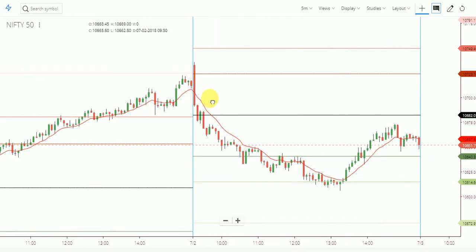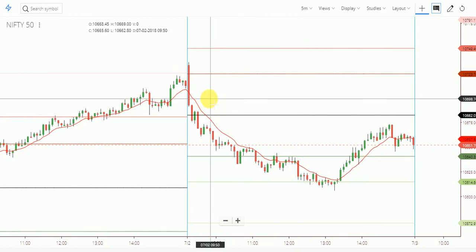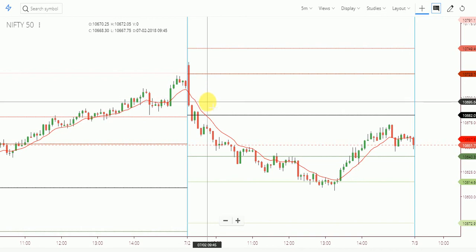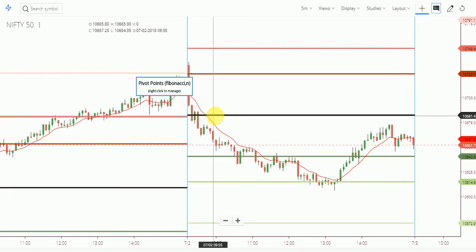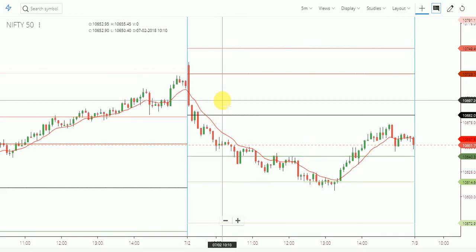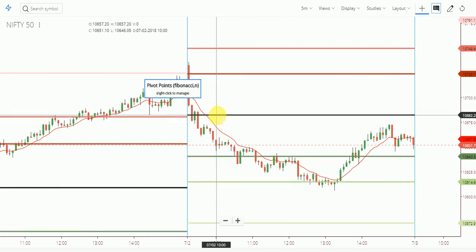And then what I said in the previous video, if you have not seen that, just watch it again, you will understand. As I told you earlier, if it is below this, you have to look towards the short side. If it is above the pivot line, you have to look for the long side. If it is between, you have to wait, right?